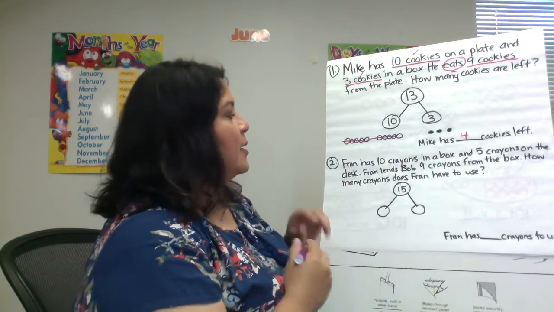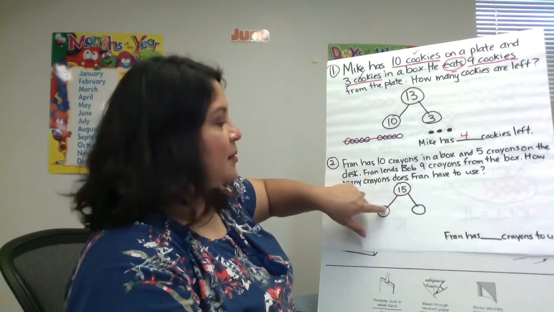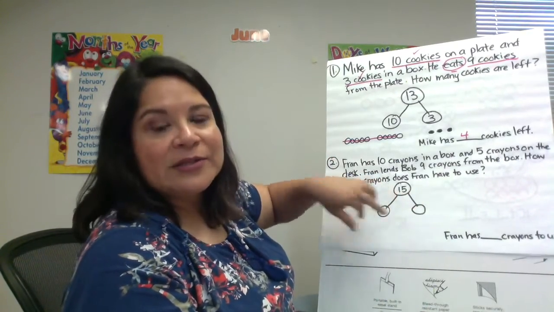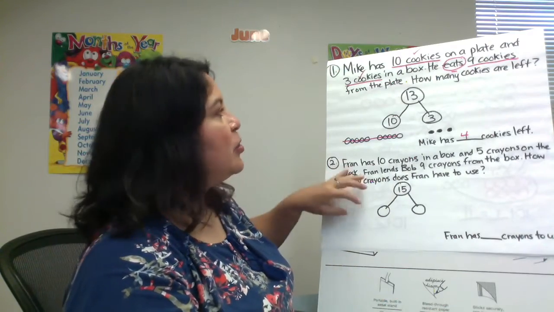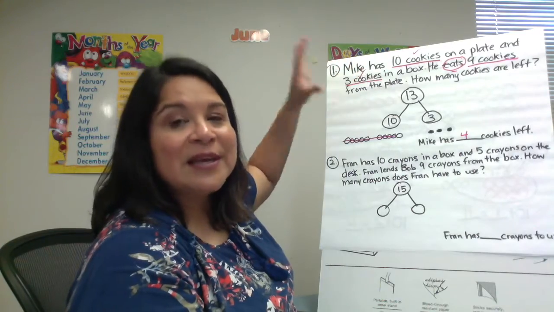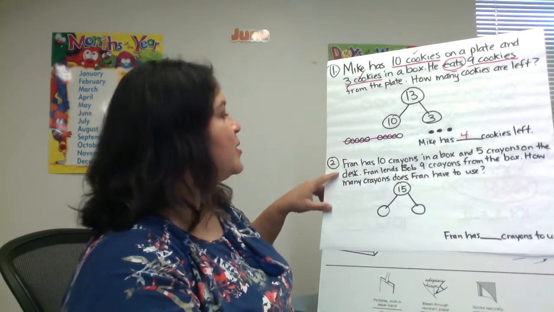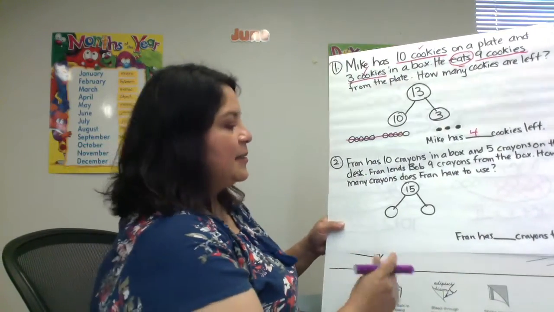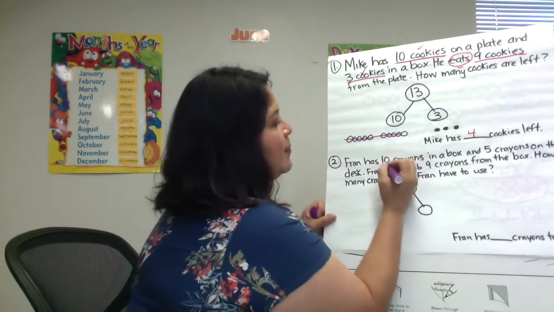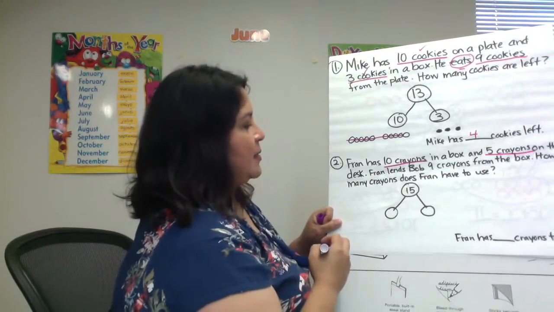Okay. Now notice in number 2, they stop putting things or answers for you because they want to see, can you apply what you've learned? Not just in this one, but yesterday's work, right? Can you apply it to answer this, okay? So here we go. Fran has 10 crayons in a box and 5 crayons on the desk.